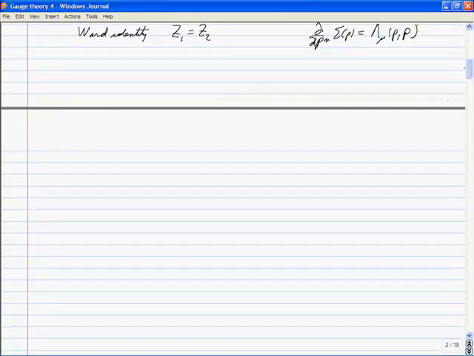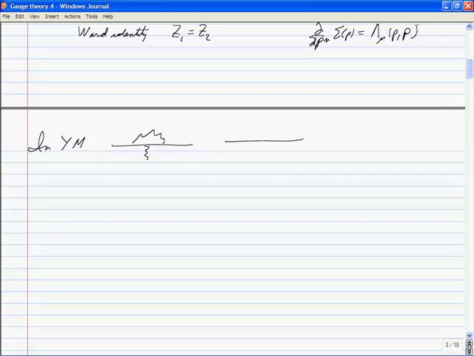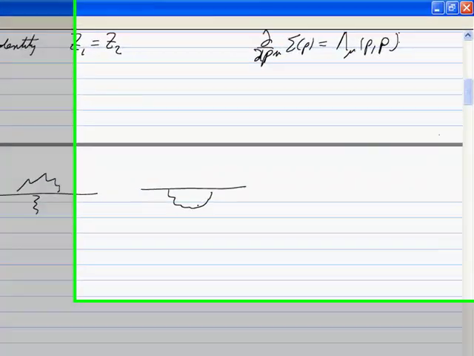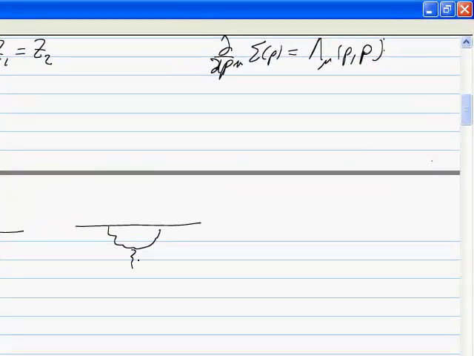Here in Yang-Mills, we have this diagram like before. We also have that diagram. Neither of these cancel by the same trick. The color factors are just different.